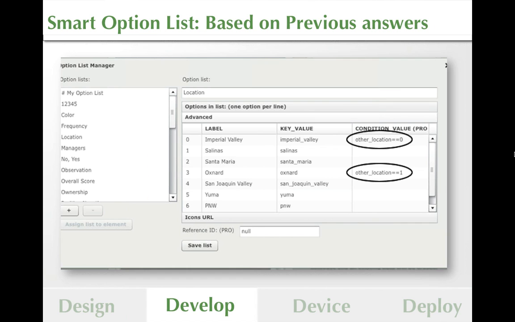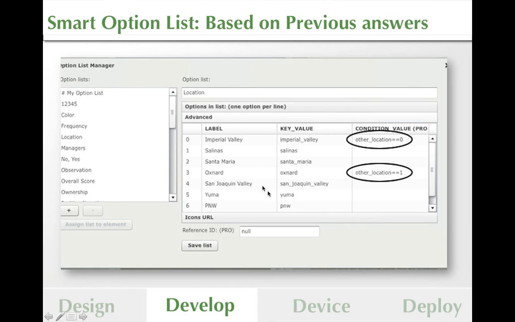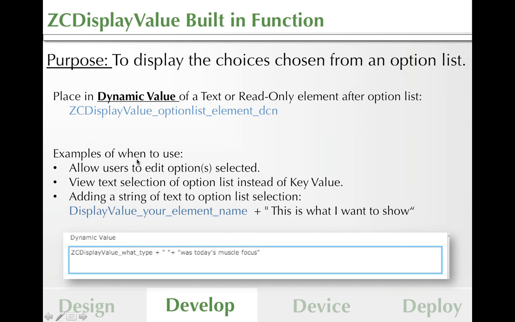I have the other option equals 0, and this is in the advanced section of the smart option list. So that means when I have the other location equals 0, all the options between this selection and this selection will be shown when they check that first option in the previous list.